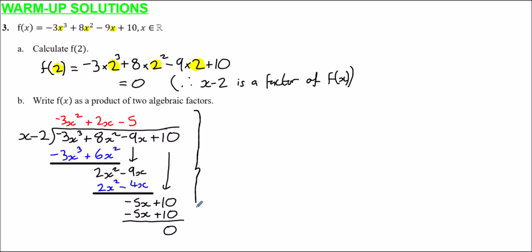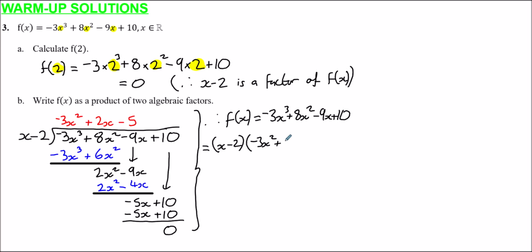So therefore, we can conclude that f of x, which is minus 3x cubed plus 8x squared minus 9x plus 10, as a product of two algebraic factors, is x minus 2 multiplied by minus 3x squared plus 2x minus 5.